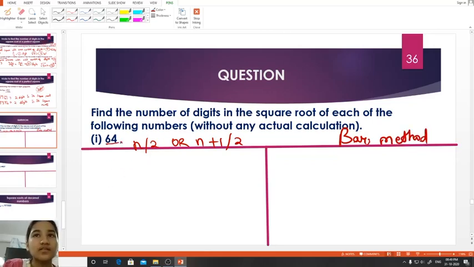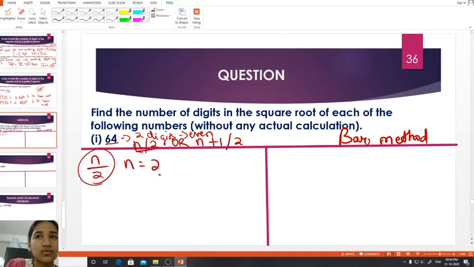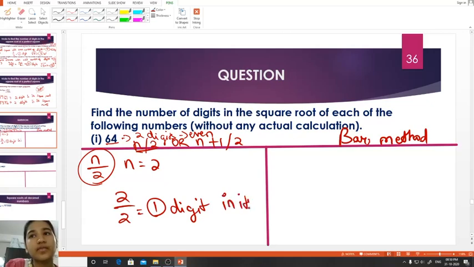64 has 2 digits, so it's even. So we have to apply n by 2. n is equal to 2 and 2 by 2 is equal to 1. So one digit in its square root.